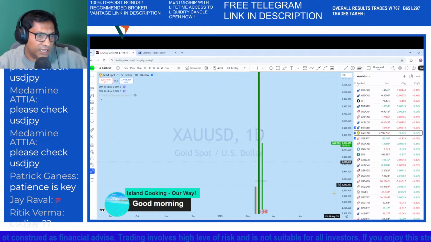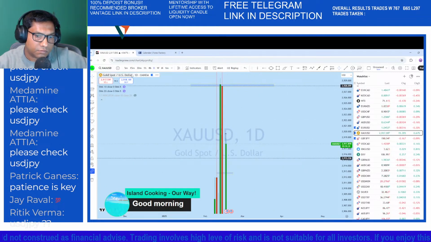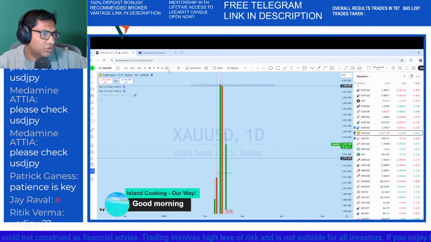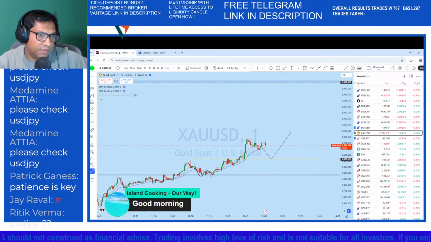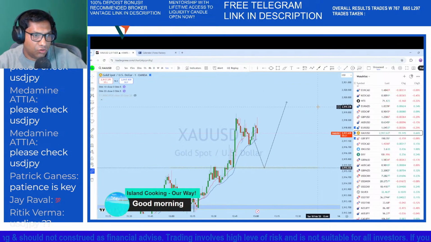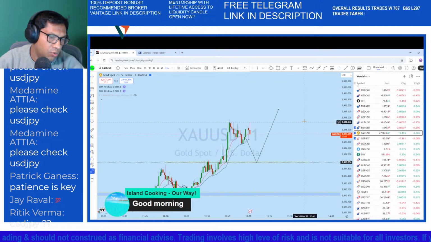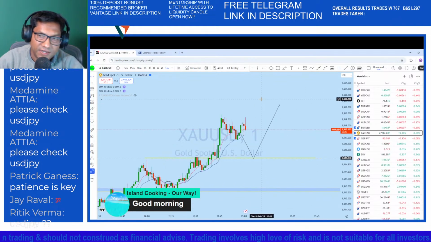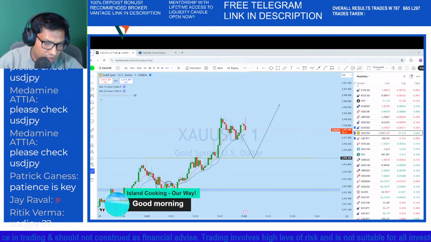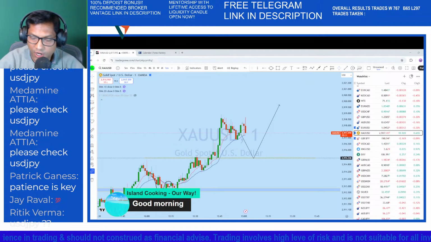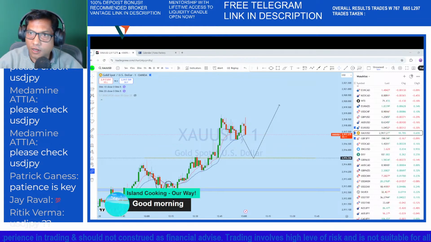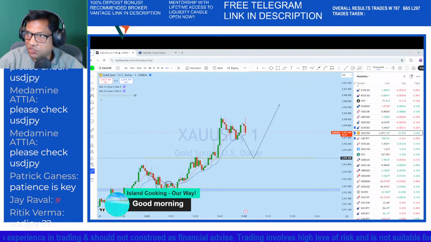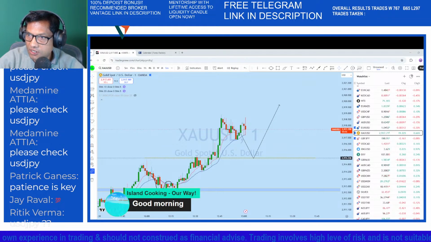Looking at the daily level here, and there will be CAD news, so that will also have some effect on XAUSD. May not be a very big one, but we could see some movement on XAUSD. So if we look at the calendar on Forex Factory, you can see that this is the level here, and CAD.